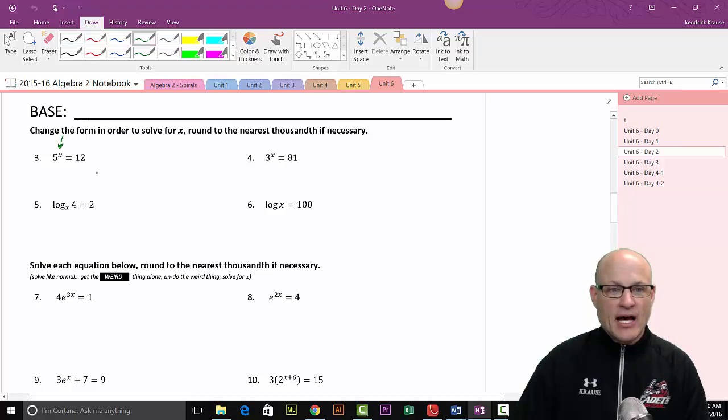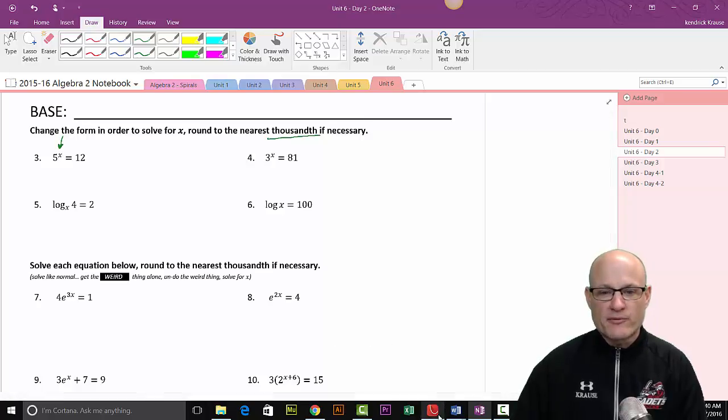I could just keep trying numbers until I get there. But I want to round it to the thousandths place. You're going to sit there and try to round until you get to the thousandths place? I'm guessing 1.35.